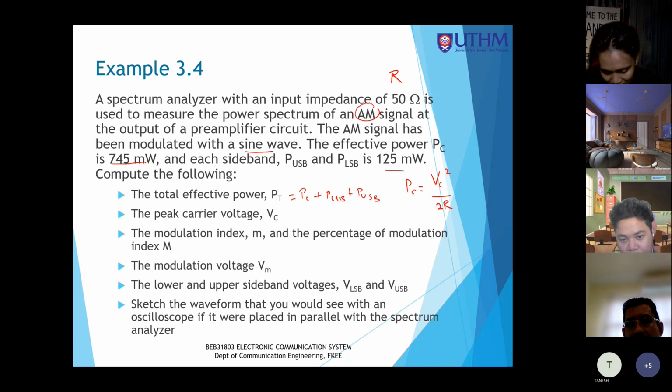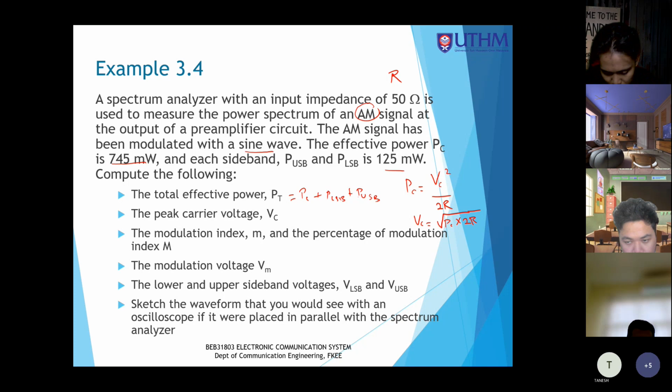Okay. So VC square, so maknanya VC sama dengan square root of PC darabkan dengan 2R. Okay. So berapa ni? So kita boleh cuba PC tadi 745, okay, 745 mili darabkan dengan R adalah 100.